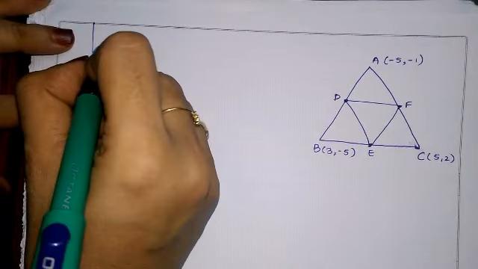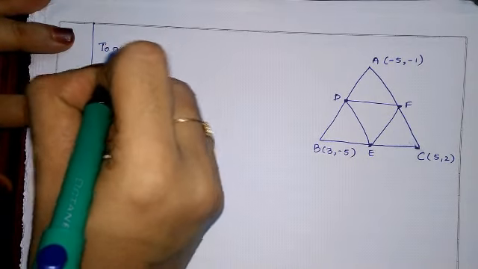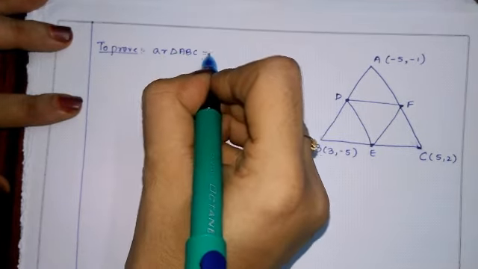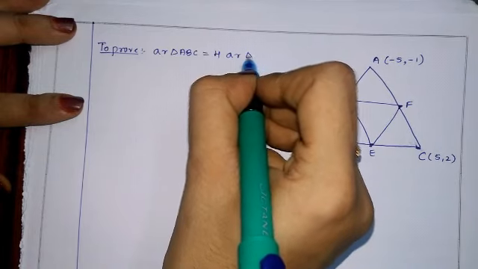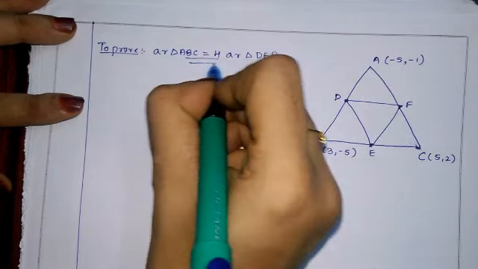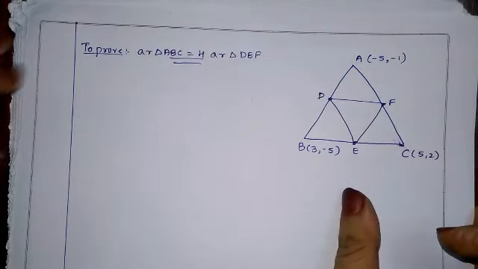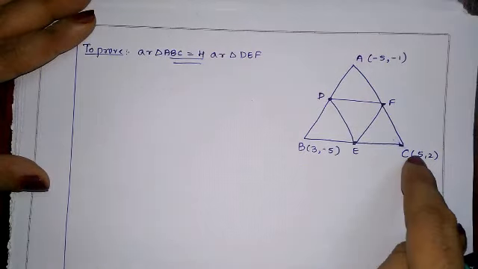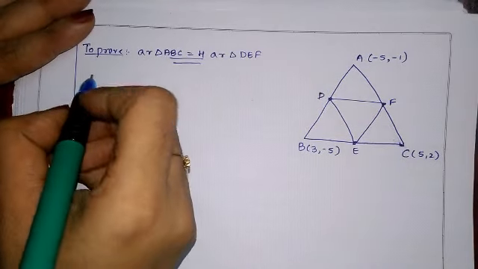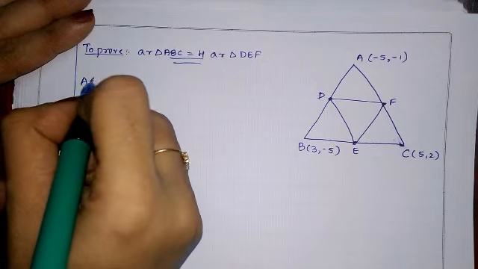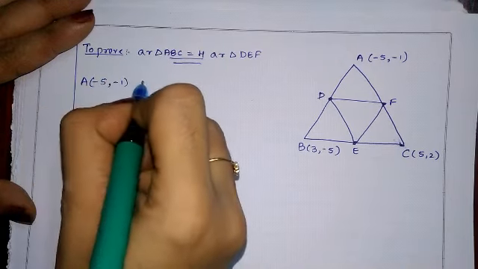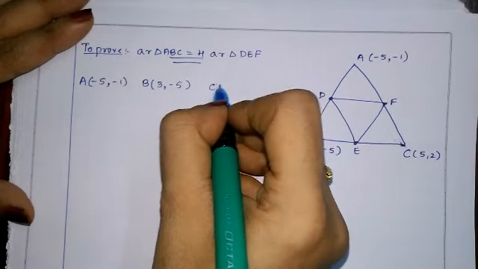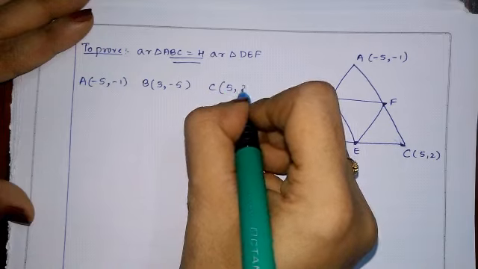This is what they have told us to prove: the area of triangle ABC should be equal to 4 times the area of triangle DEF. This we have to prove and show. Let us start solving now, but we don't know the vertices of DEF. First we'll find the area of triangle ABC, because we know that point A is (-5, -1), B is (3, -5) and C is (5, 2).